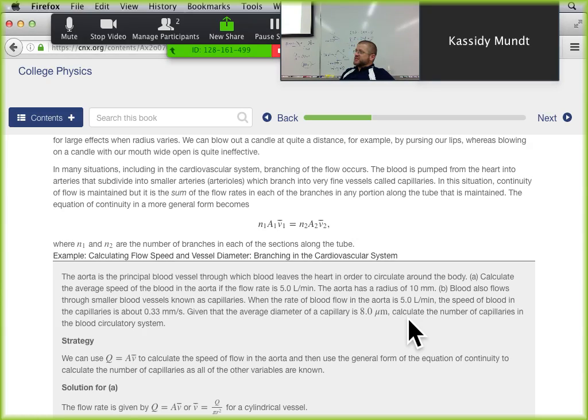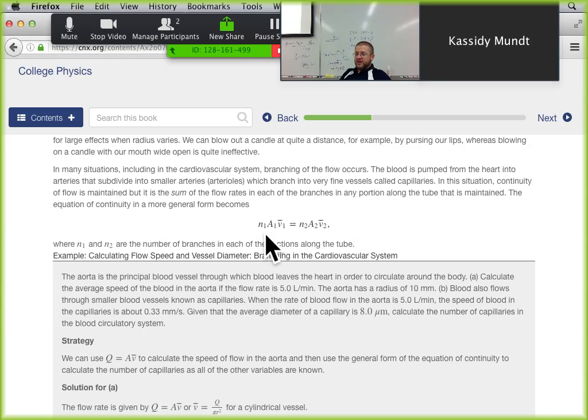Especially in natural systems, but also in man-made systems, you may have what we call branching or capillaries, the capillary effect, where you go from one hose to many hoses. Or you maybe go from many hoses to many more hoses. This is also covered by the continuity equation, but in that version of the continuity equation, you have an n for each side, which tells you the number of hoses in that particular section.